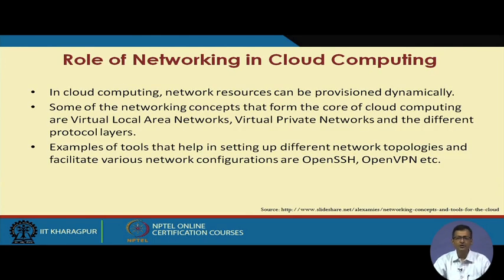So, if we look at another aspect of the cloud, it is networking, right. Networking plays a very important, critical role I should say, in realization of the things, because at the bare metal you have different hardware resources, right. So, they are connected over the network.